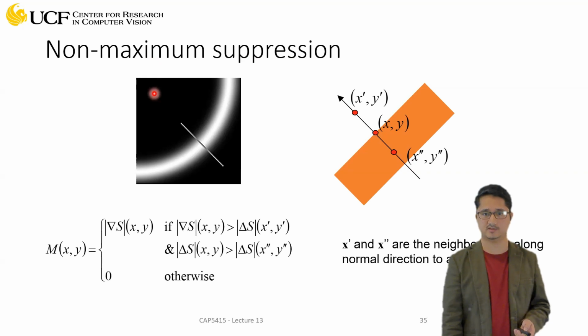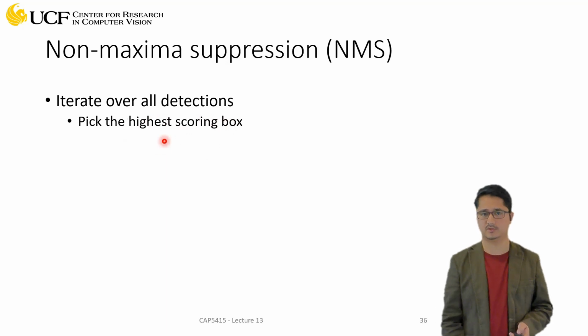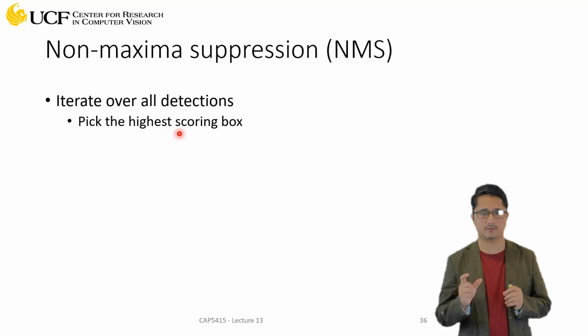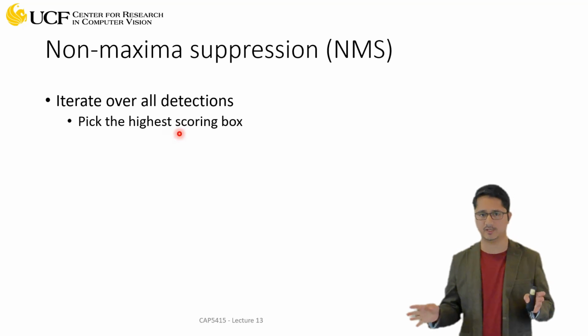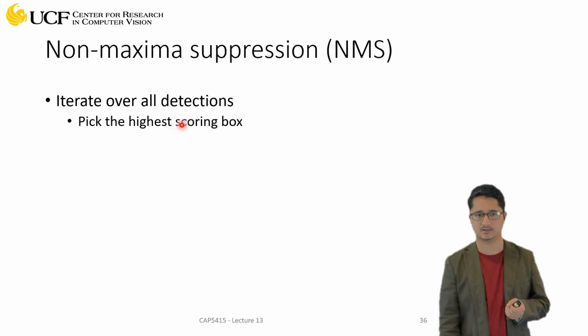So the idea remains the same, but here it's a slightly modified algorithm. Whatever detections you have for any given image, it will be a long list, because you might have multiple objects present. Now what you do is first sort all the detections based on the confidence score.